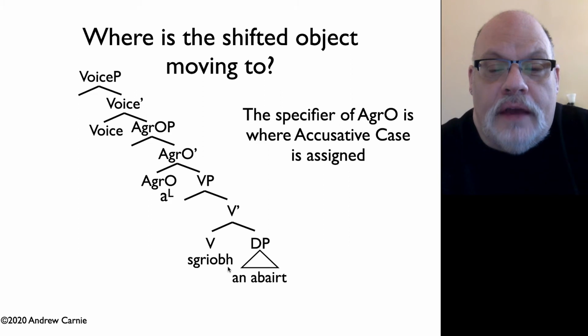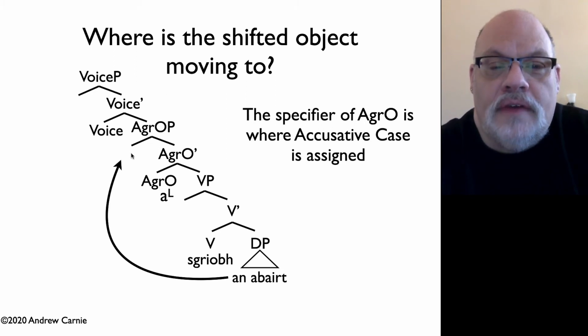This position down here, which is the thematic position of the object, so this is the word "the sentence," is in the position where the theme theta role is assigned, and is not a case position. So what happens in Irish is you move this DP from its theta position, where it gets its theta role, to its case position, which is the specifier of AgrOP.